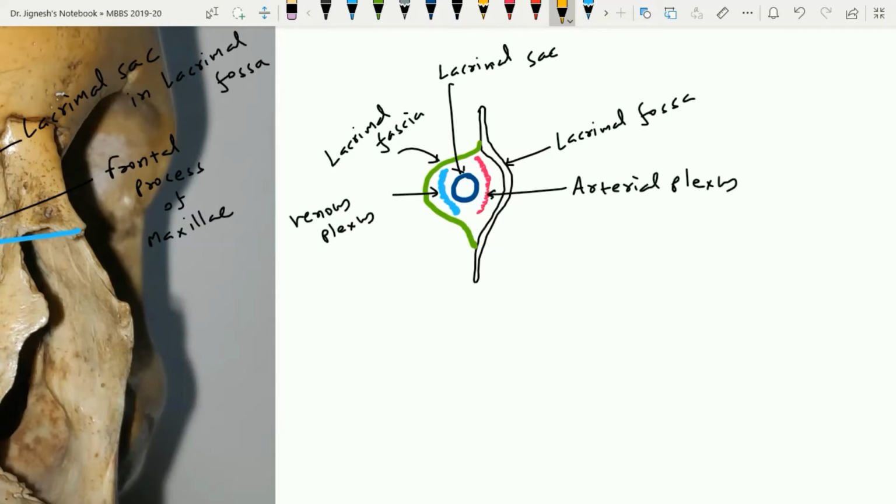Within this fossa, in front, the lacrimal crest of the frontal process of the maxilla provides attachment to one ligament, and that ligament is called the medial palpebral ligament. While the muscle fibers are attached to the lacrimal crest of the lacrimal bone, and these muscle fibers are part of the orbicularis oculi.